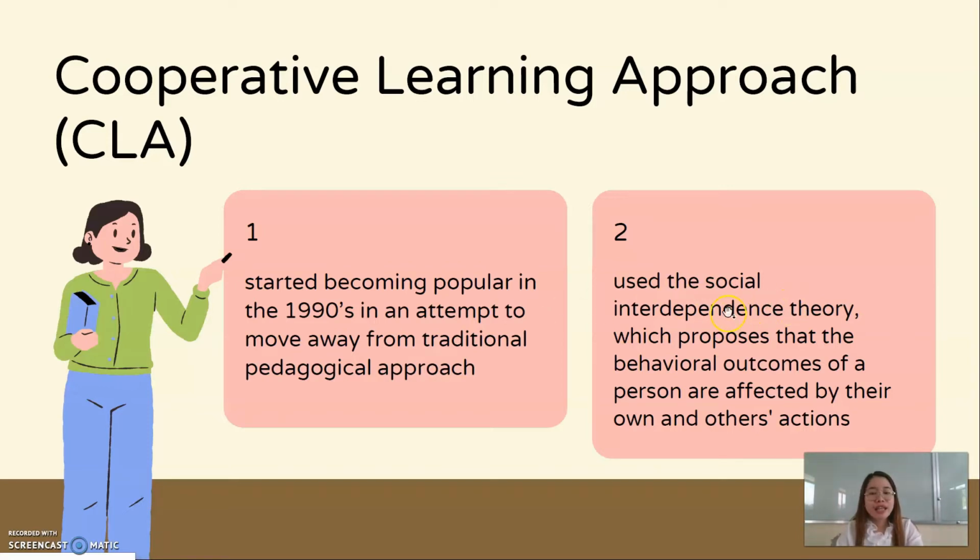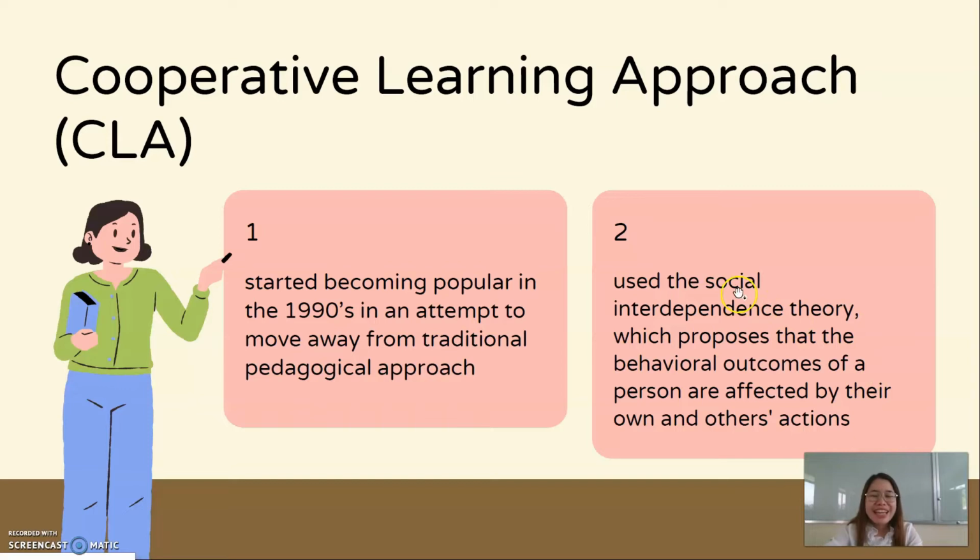And CLA used the social interdependence theory, which proposes that the behavioral outcomes of a person are affected by their own and others' actions. Meaning to say, learners need to have others accompanying them in learning for them to achieve better learning.